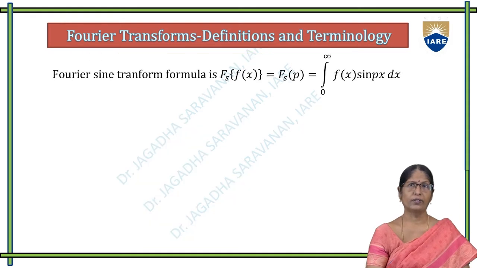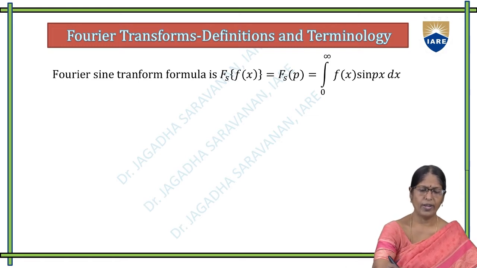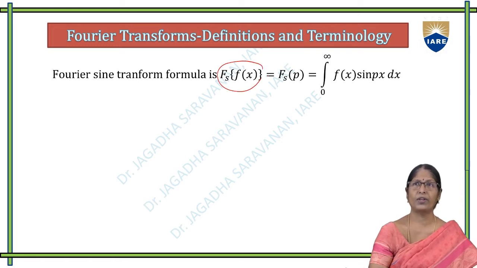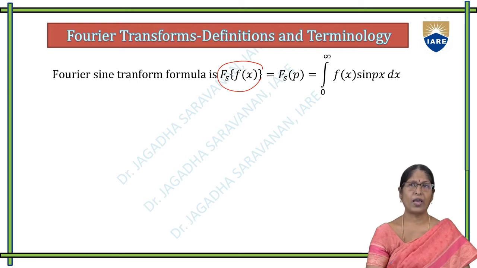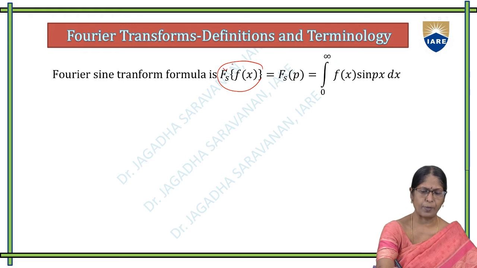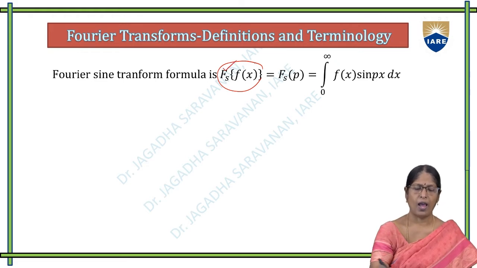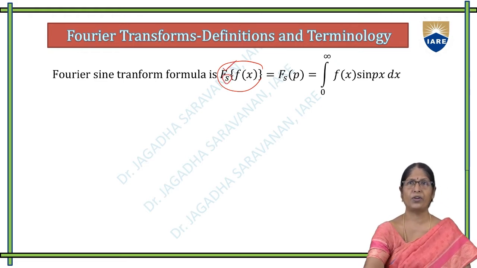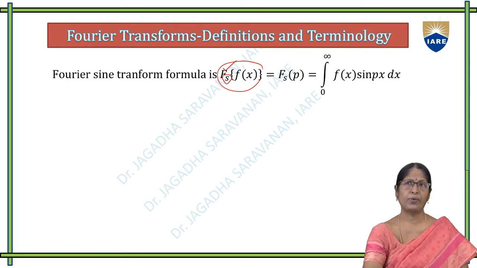So the next one, the Fourier transform formula, we discussed. Now the Fourier sine transform formula. We can see the mathematical notation here, capital F S of f of x. Capital F represents Fourier transform, and here we can see the notation S. It represents sine, that is the Fourier sine transform of the function f of x.